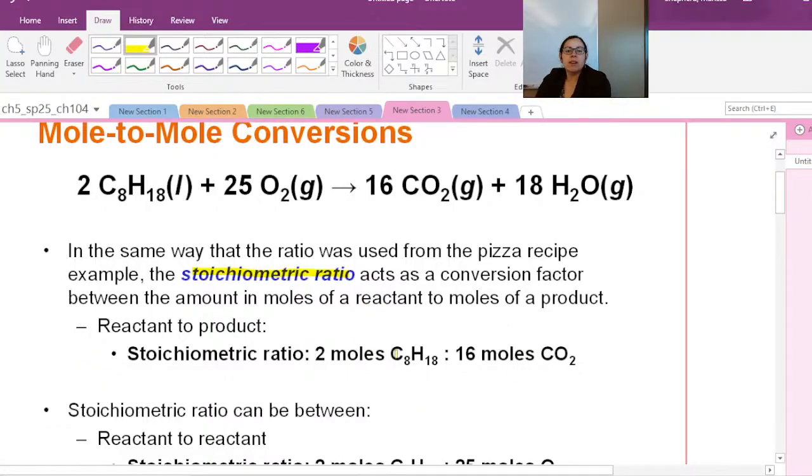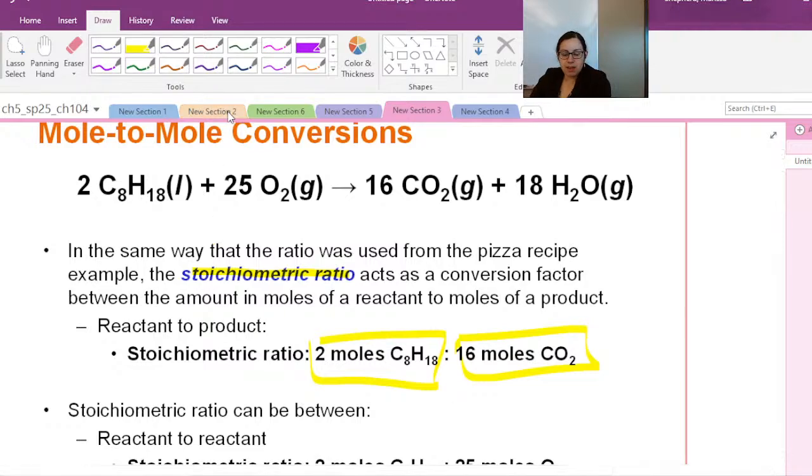They picked octane versus CO2, but basically we can establish our conversion factor, our relationship, between any two of our molecules here.